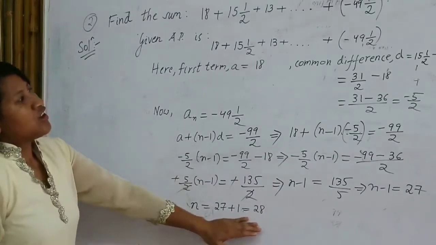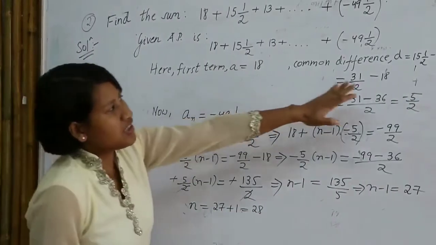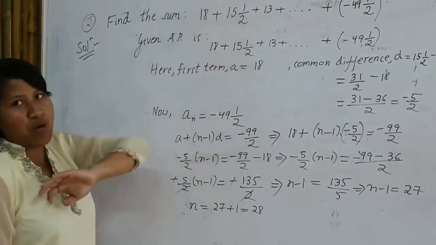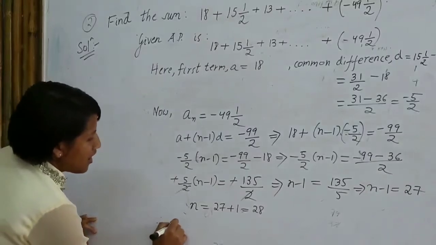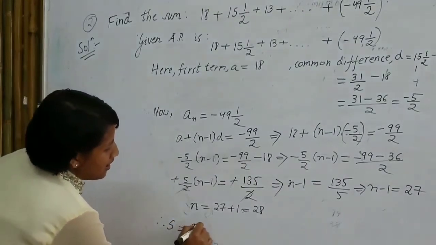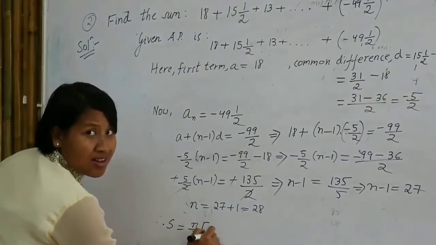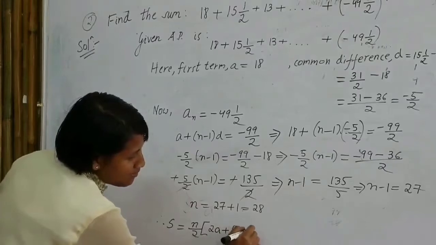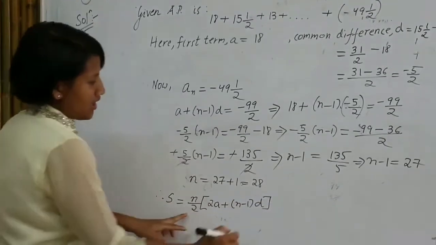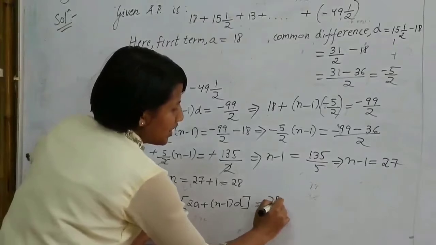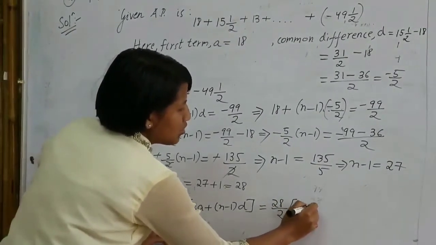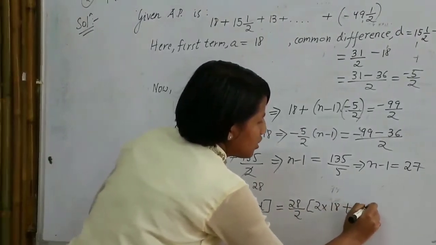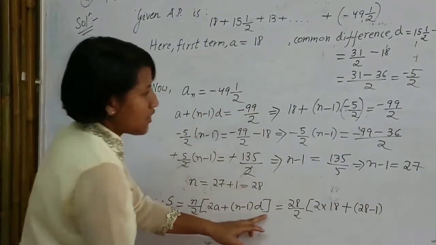Okay, so you have got A, D and N. Okay, after getting this, you substitute in the formula. So therefore S will be n by 2 twice A plus n minus 1 D, then n it is 28 by 2, 2 into 18 plus 28 minus 1, substitute everything.